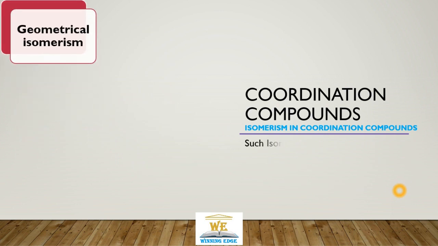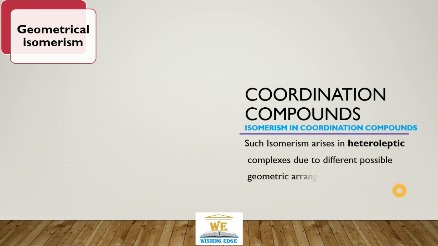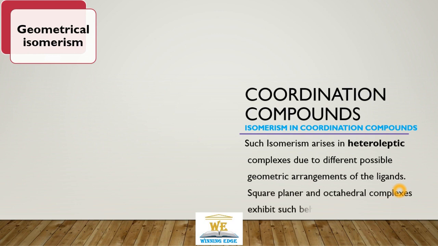First, geometrical isomerism. Such isomerism arises in heteroleptic complexes due to the different possible geometrical arrangements of ligands, and this isomerism is exhibited by both square planar and octahedral complexes.